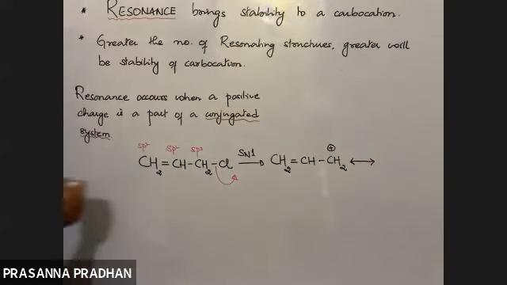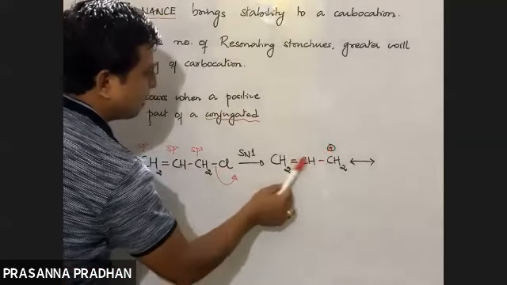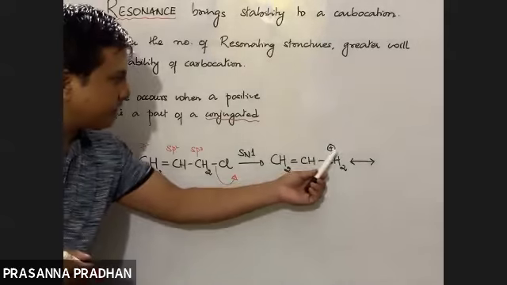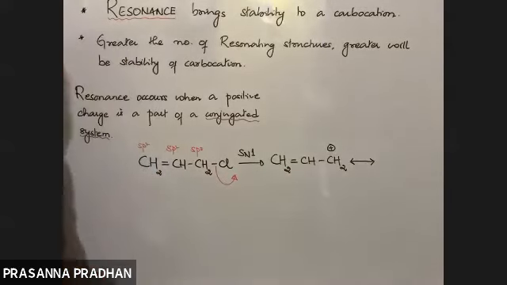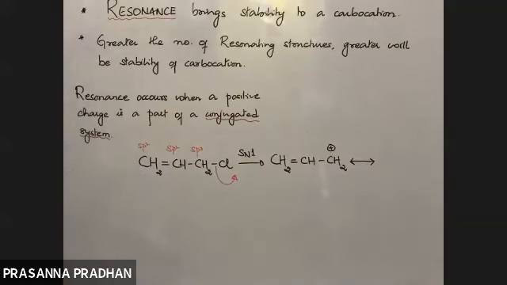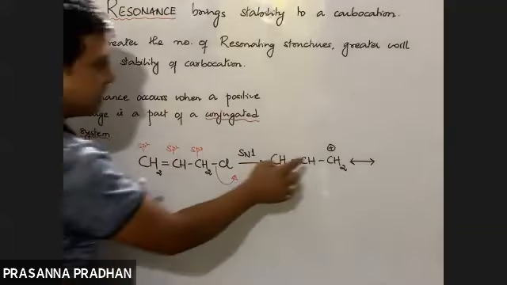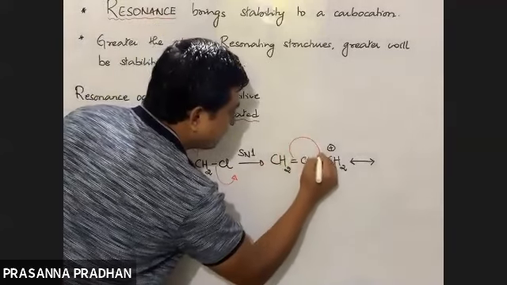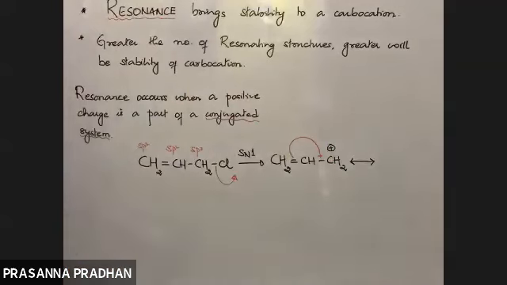this positive charge is a part of a conjugated system. After the positive charge, what do we have? Single bond, double bond. So yes, resonance will occur here. And remember, this is an electron deficient carbon, so these pi electrons will move towards the electron deficient carbon atom.